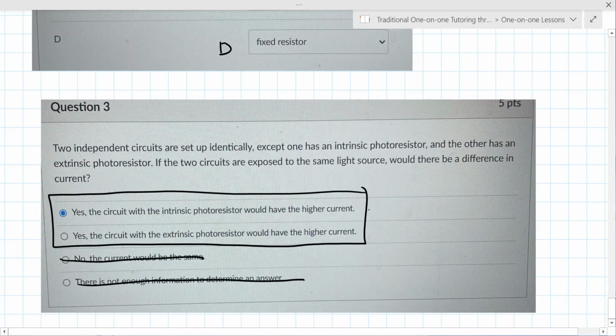I don't know whether intrinsic or extrinsic means that it would have a higher or a lower current. Do a quick search on that.